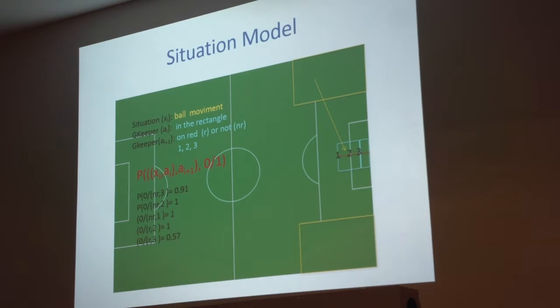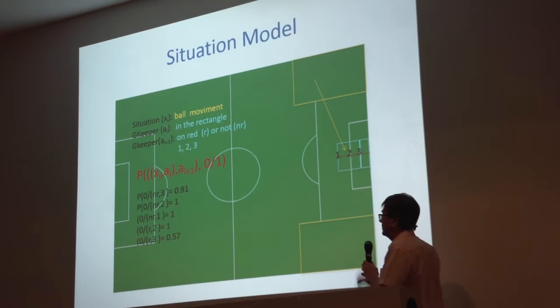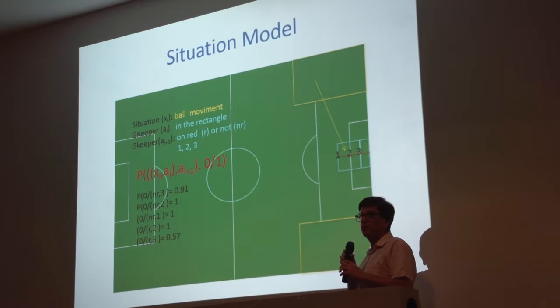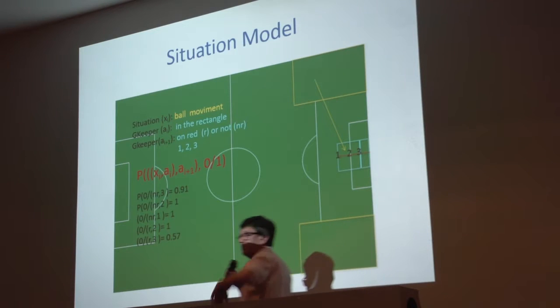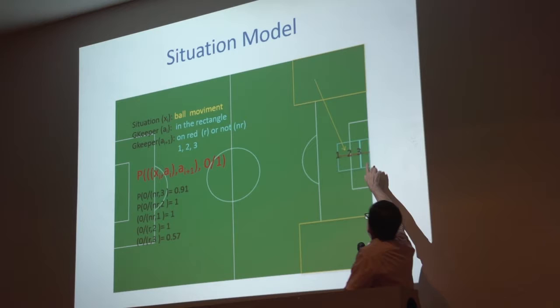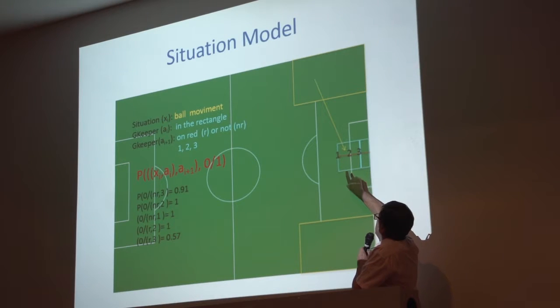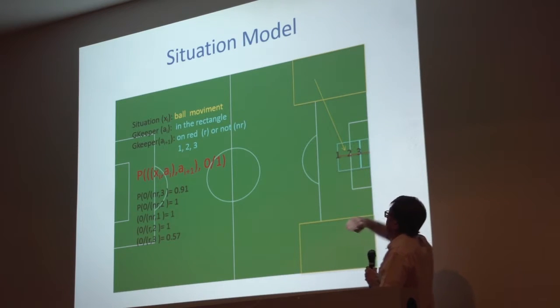What you can try to do at first is to model the situation. In this example, we have two regions here, left and right, from where we suppose there are high balls coming. And these high balls will always be in this region here. The ball may come somewhere in this region, and the goalkeeper could stay in one of these two positions.